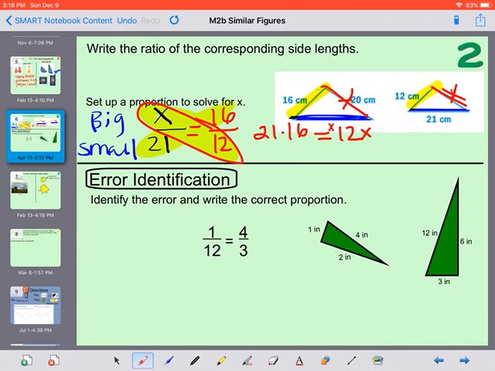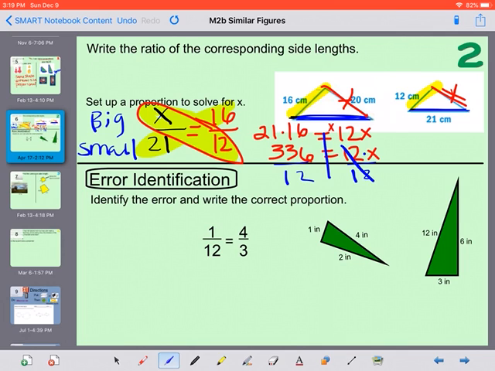So I would plug in my calculator, 21 times 16 to get 336. So I'm going to write that in here. 336 equal to 12x. Then the opposite of multiply would be divide, so we could divide both sides by 12.